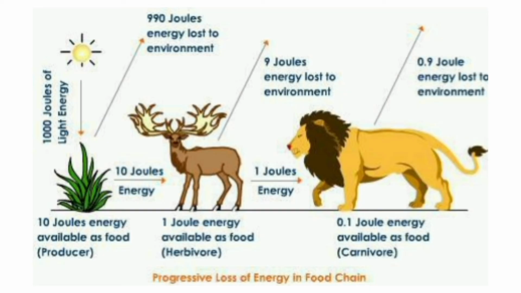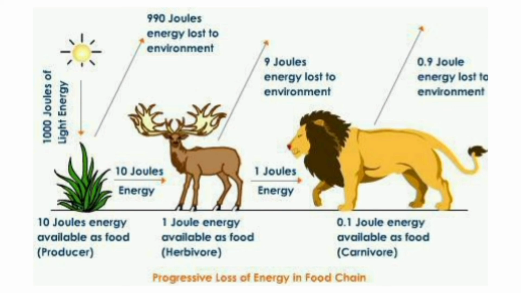1000 joules of energy falls on the leaves of the green plants. The plants have only 1% efficiency, so that 10 joules of energy is trapped by them to produce chemical or food energy. According to 10% law, only 10% of the 10 joules of energy is available to the next trophic level. That is only 1 joule. The remaining 9 joules is lost in the environment during the transfer of food energy and respiration of the herbivore.